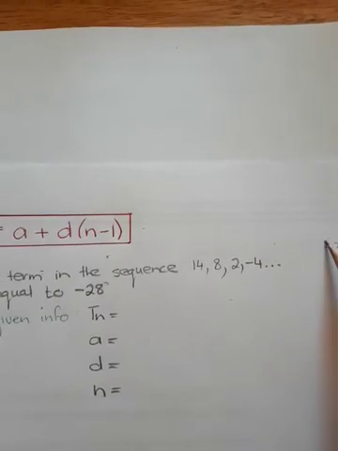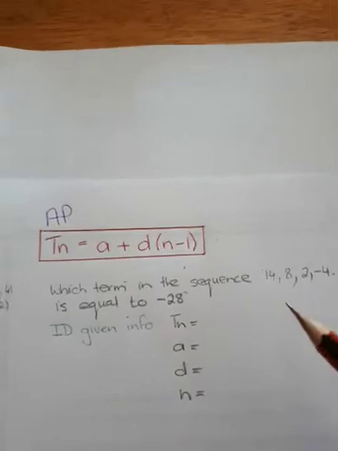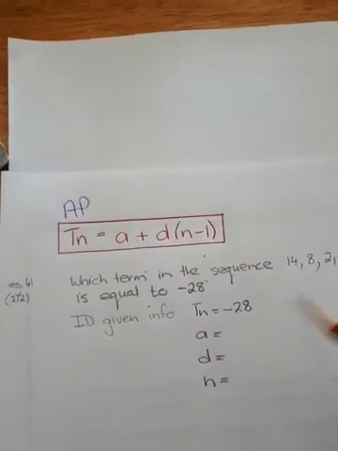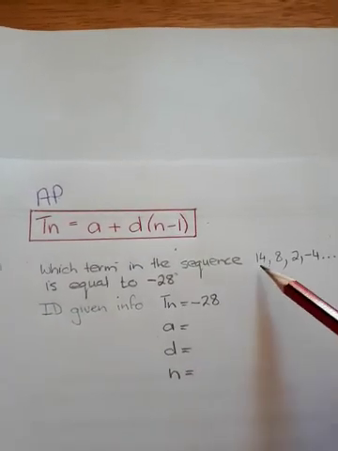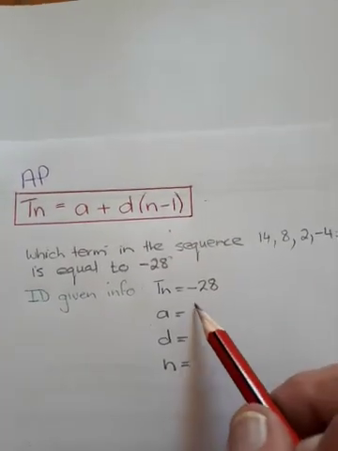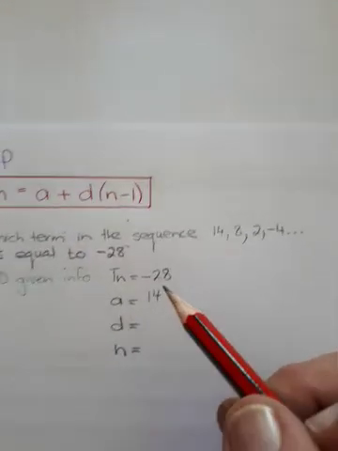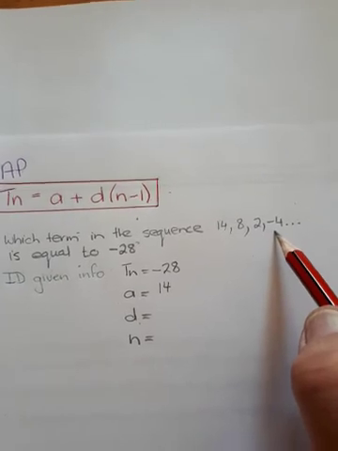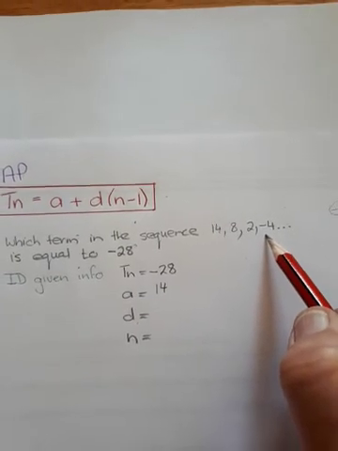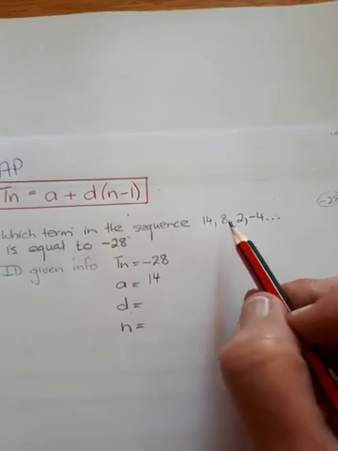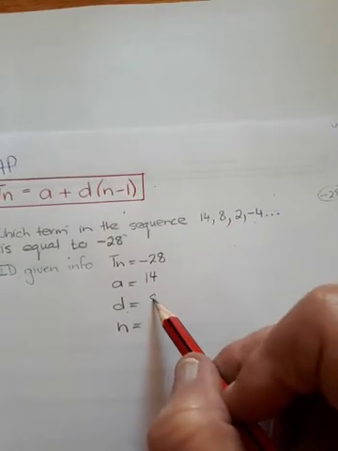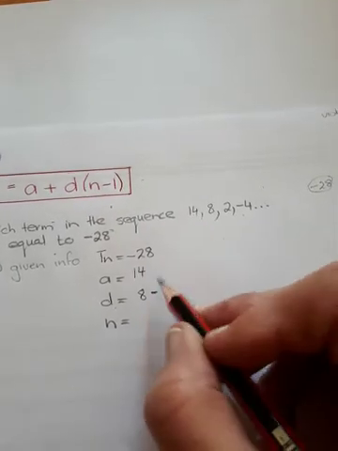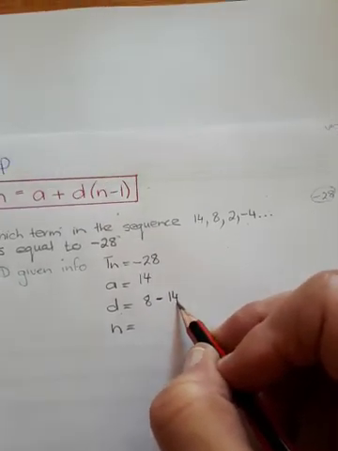Okay, so this is Tn. It is given as negative 28. All right, then we go to A. My first term is 14, so I have already got that. Then the common difference is not yet given. So once again, people, we can work out the common difference by taking one term and subtracting the previous term, which in this case is 14.